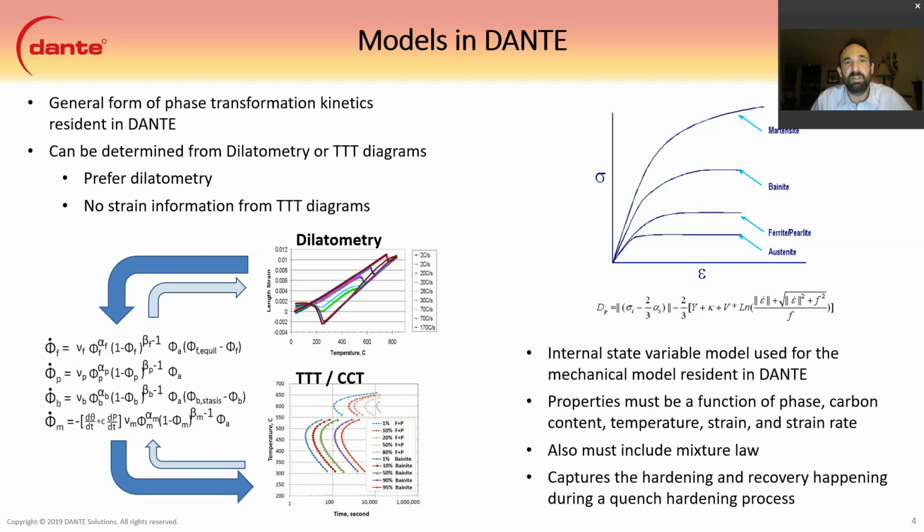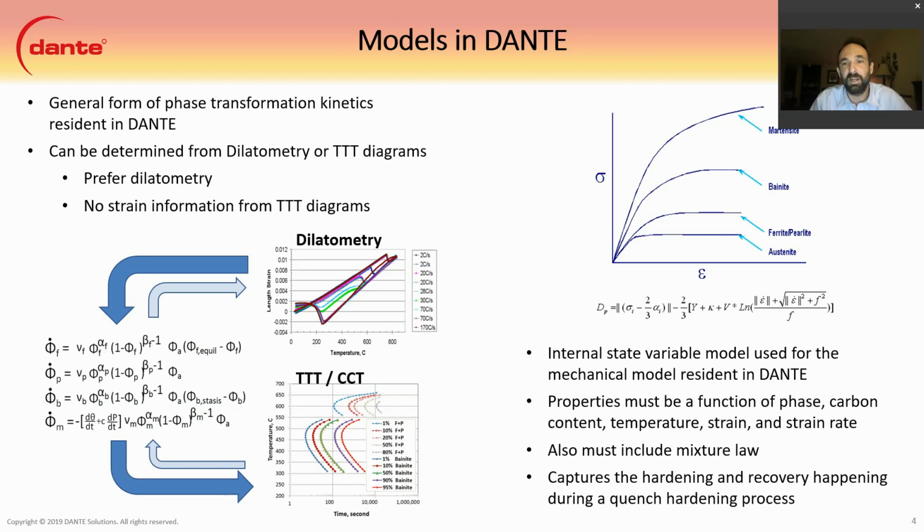These parameters can be determined from dilatometry or TTT diagrams. However, dilatometry is preferred due to the additional strain information gathered, as well as the coefficients of thermal expansion. So there's a lot more information that can be gleaned from a dilatometry test than from a TTT diagram. However, TTT diagrams can work if need be.